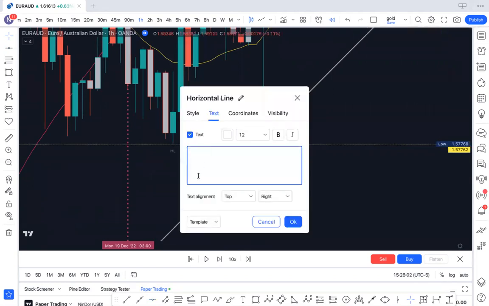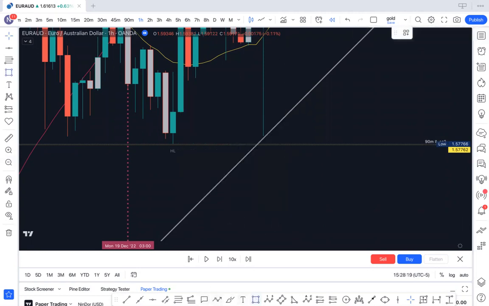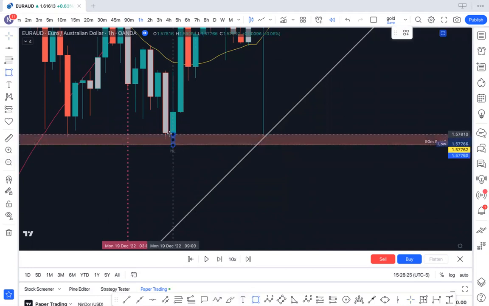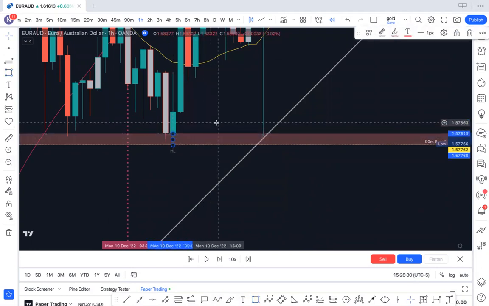And so remember, our triangle is for 90 minutes. So what we're looking for is a 90-minute candle break of this level. So I'm going to mark it as the 90-minute impetus level for the sell. And then you'll also want to use your rectangle tool, and from the wick to the body is where you want to capture this particular level.